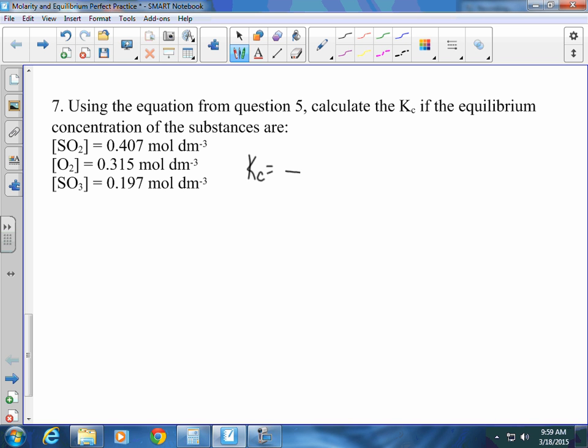So Kc equals the concentration of SO3 squared divided by the concentration of SO2 squared times the concentration of O2.